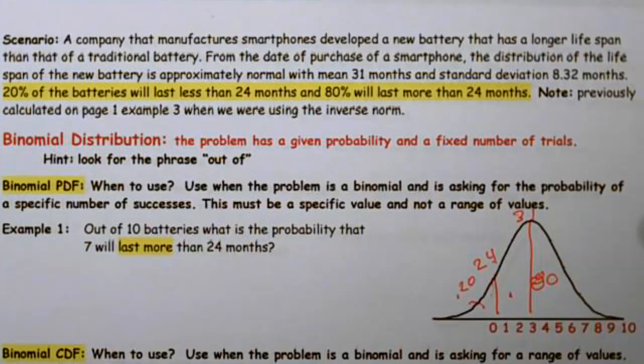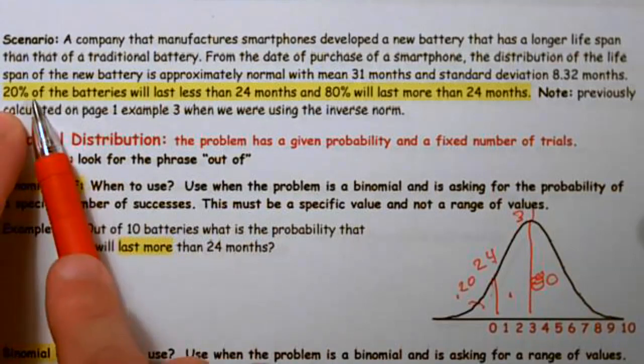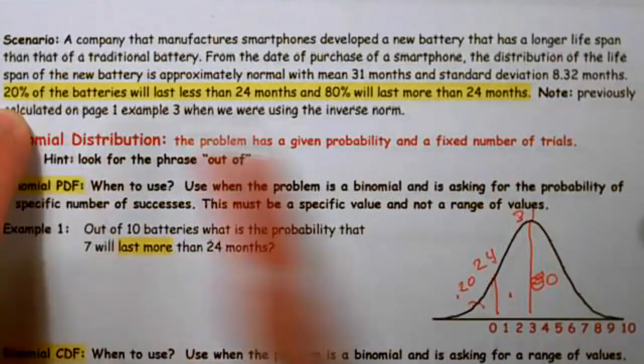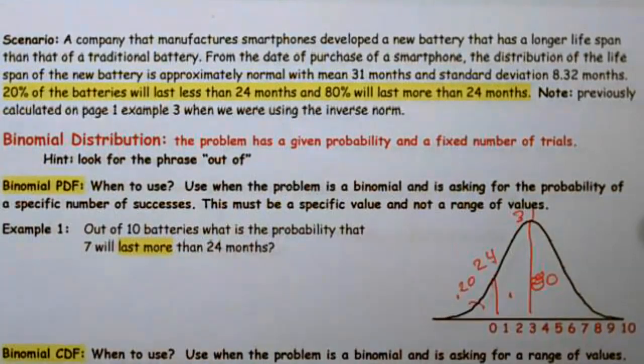So please note, I'm going to be working with 24 months, and we know from previous calculations that 24 months is at 20%, or if it's more than, it's at 80%. So we've already done that calculation. So for 24 months, we have a fixed probability. The other probabilities change, but at 24 months, we know it's fixed. So again, I'm looking for the phrase out of.